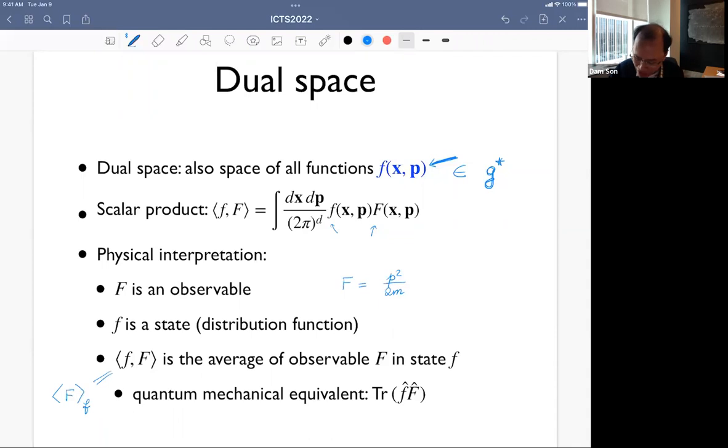The quantum mechanical equivalent is the trace of the product of the density matrix and F. So here we have a semi-classical version of the quantum mechanical trace, that is, the integral over phase space. So the dual space is a space of states, and the Lie algebra is the algebra of observables.